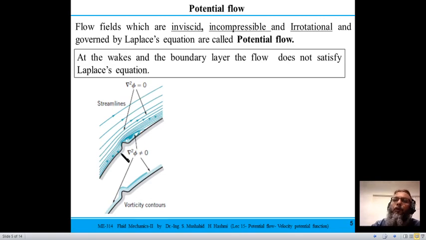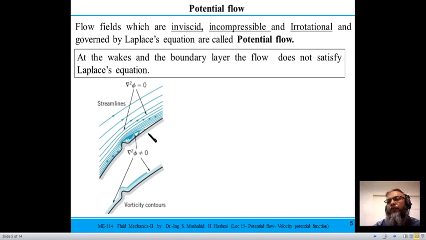If you look closely here after the bump, you see that vorticities are present. There is a reverse flow, so this is a region in which the condition of irrotationality is not satisfied, and the Laplace's equation is not satisfied, so we cannot treat that flow as irrotational.